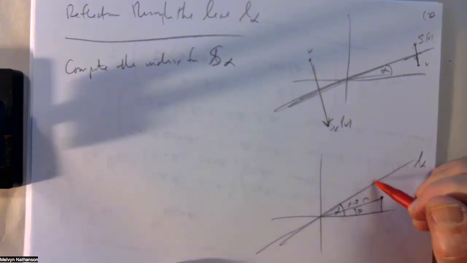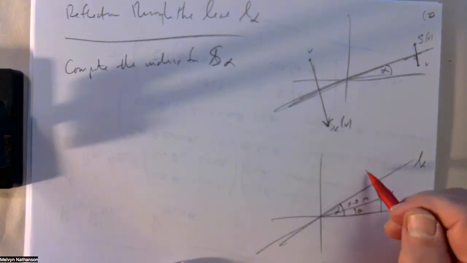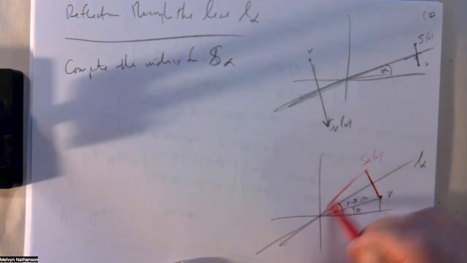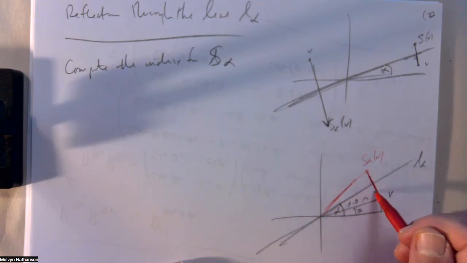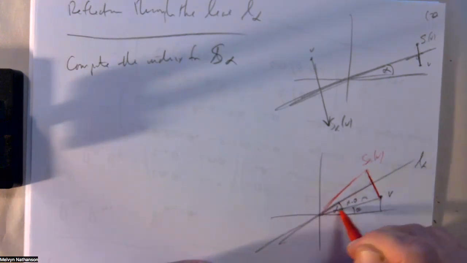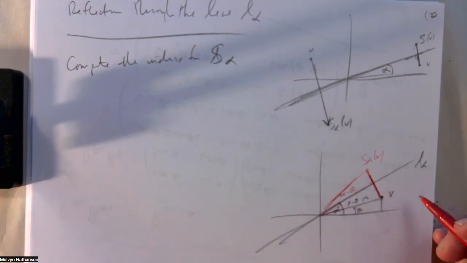Now, when I reflect this vector v through the line, so this is S alpha of v, I have this right triangle. This is the same in both. This distance is the same. So these are congruent right triangles. So if this angle is alpha minus theta, this angle is alpha minus theta.